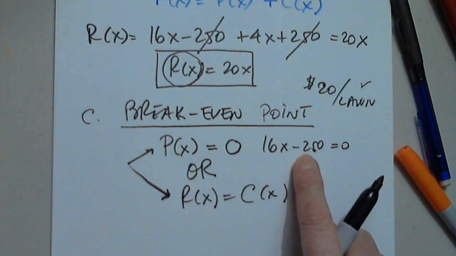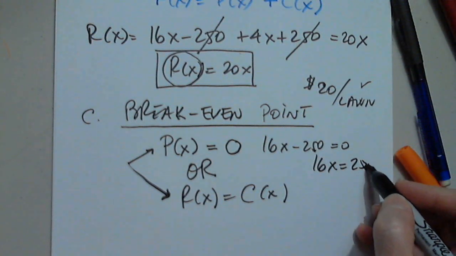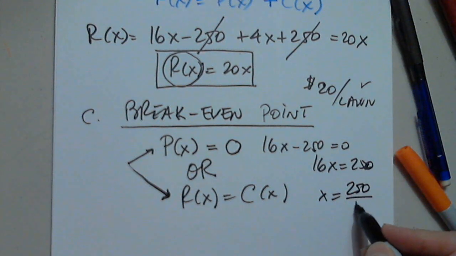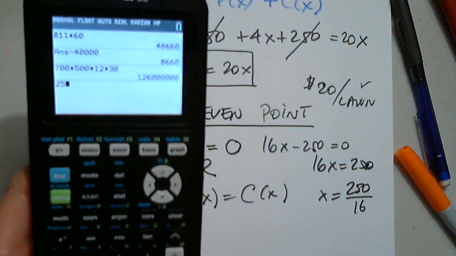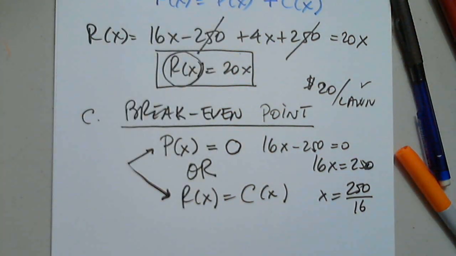So I take one term that is negative to the other side, 16x equals 250, and divide both sides by 16. And lazy people who use a calculator, I'm one of them. No, I'm kidding. 15.6. So since he cannot mow 15.6, I'm going to say 16 lawns.